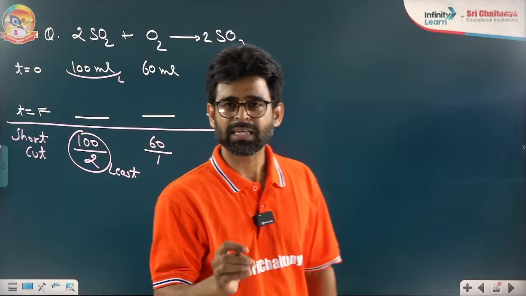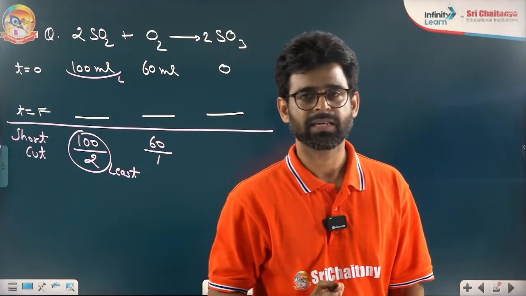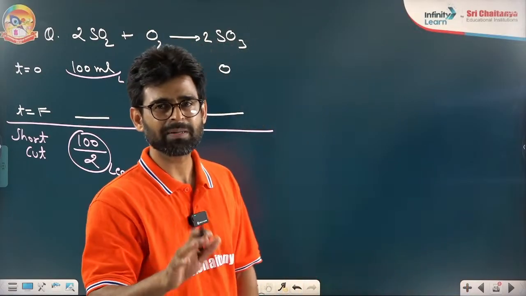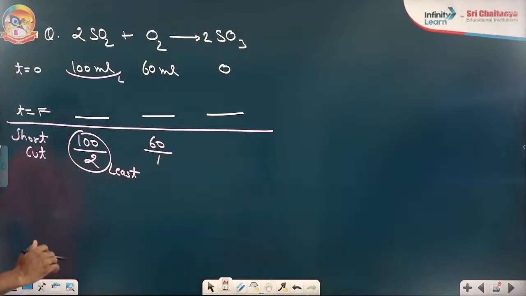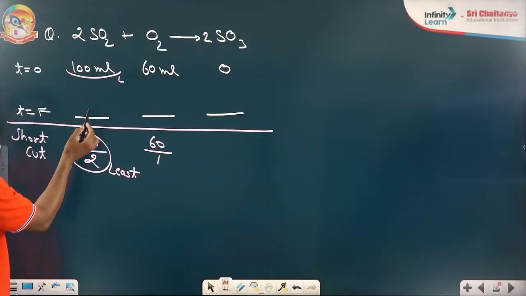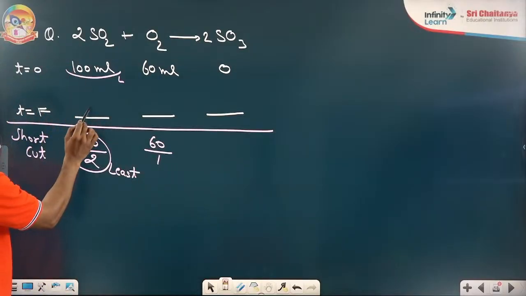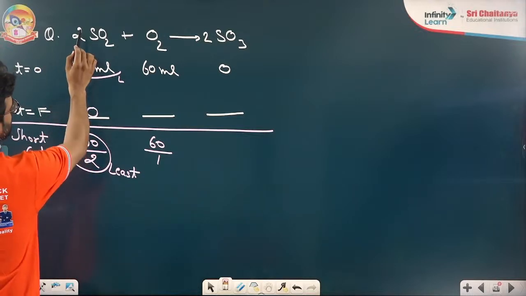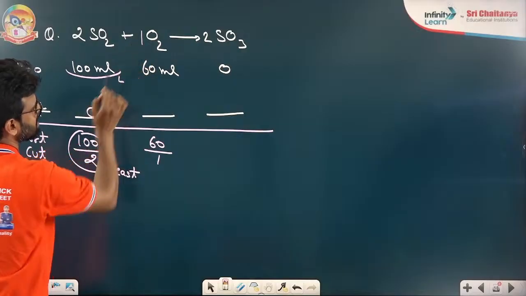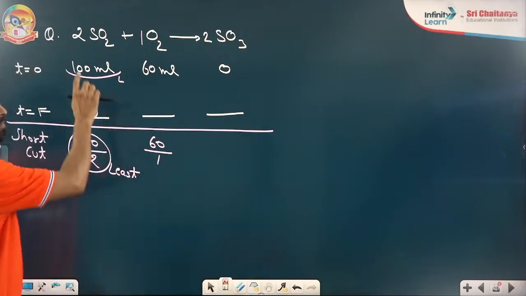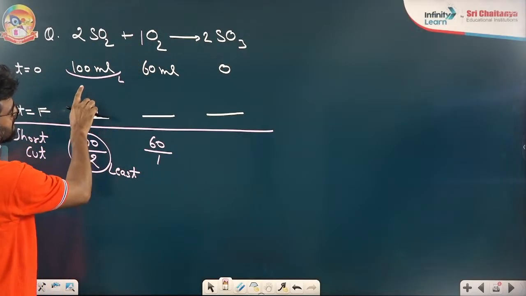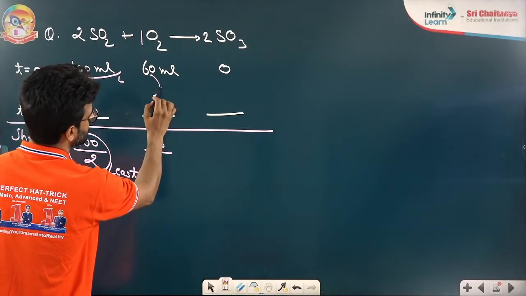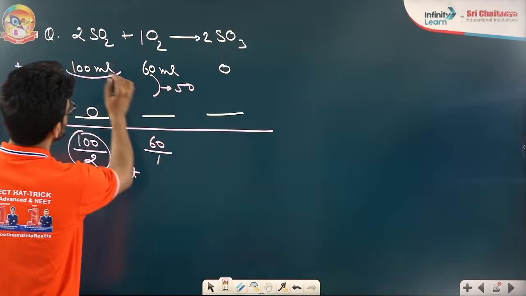Now we know the limiting reactant will finish to 0. It is the reactant which will finish first and limit the amount of product formation. So it becomes 100 to 0. Its 2 will finish when 1 of the other finishes. So out of 100 of this, 50 will finish, since 2 will finish 1.